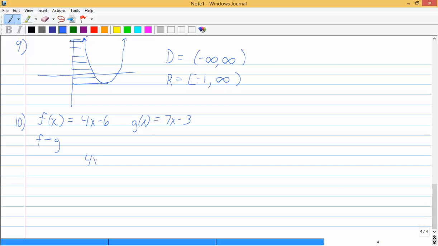So this is 4x minus 6, and then minus my g in parentheses, so that I'll remember to subtract every term. This is going to be 4x minus 6 minus 7x plus 3. Put your x's together, that's negative 3x... putting the constants together, negative 6 and positive 3 gives you negative 3. So that's 11x minus 3.